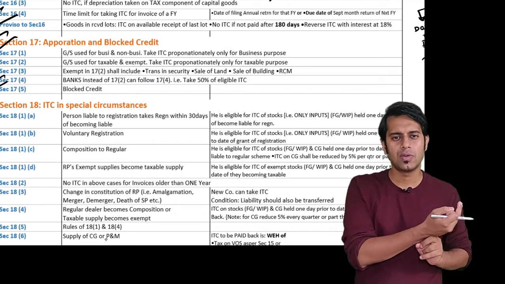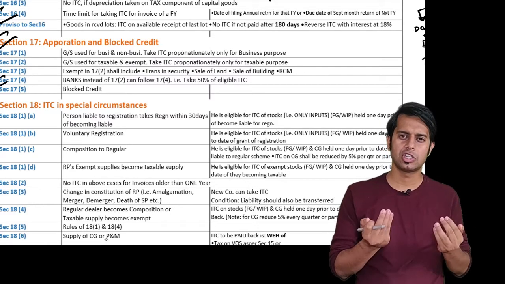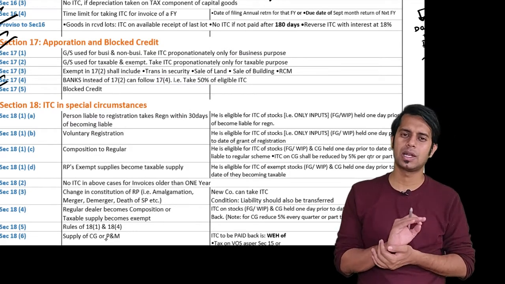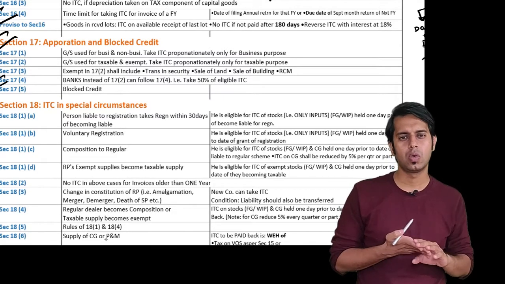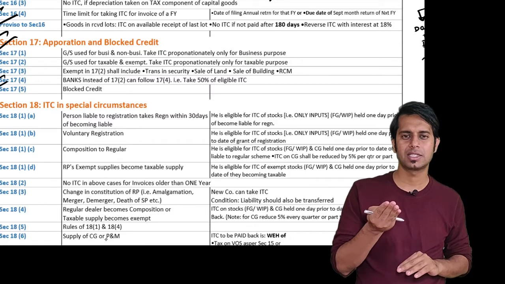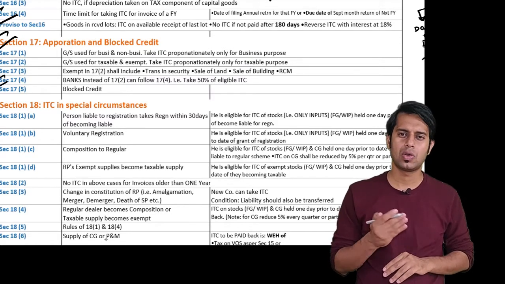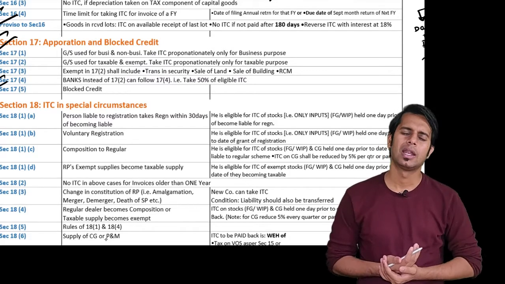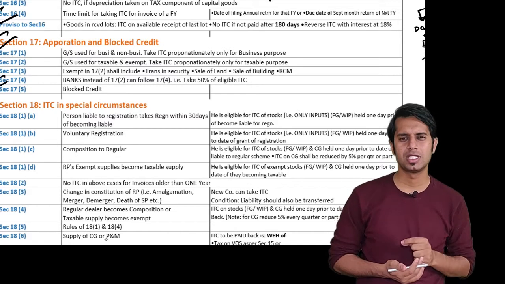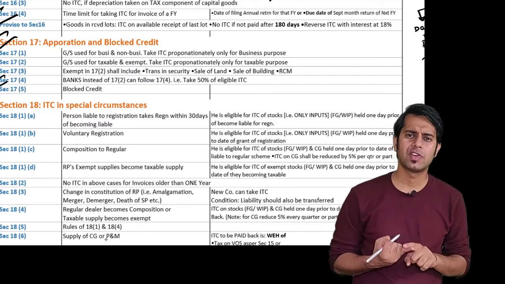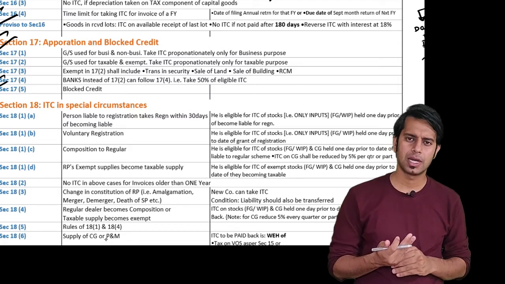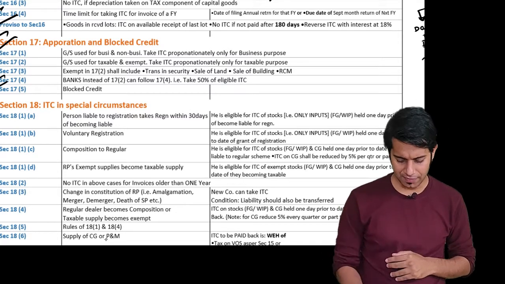Then whatever goods or services procured by a non-resident taxable person other than the goods imported by him, goods or services on which tax is paid under section 73, 74, 129, 130, that is fraud cases. Then one more point is there. Goods which are distributed as free samples, gifts, or which are stolen, lost or destroyed by fire.